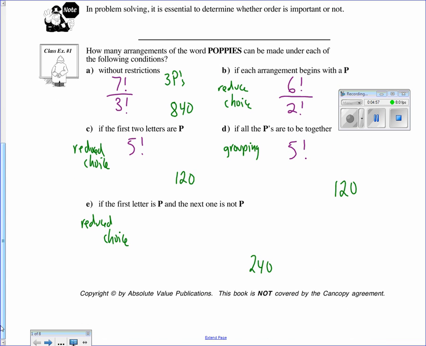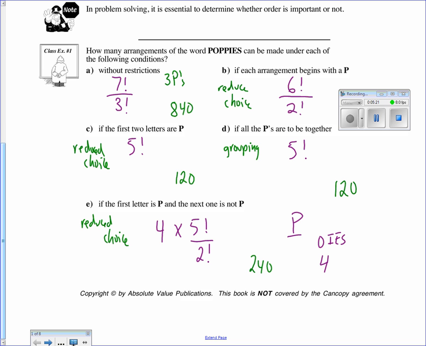If the first letter is a P and the next one is not a P, I end up with this as my work. And this one might need a little bit of a description. The first letter must be a P, and then the next letter can be any of the other letters, which is O, I, E, S, and there are 4 of those.